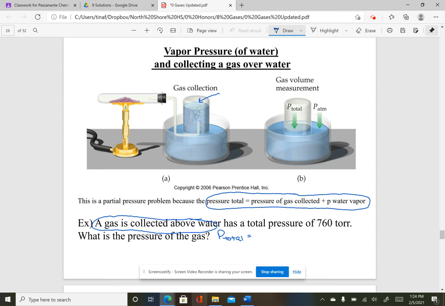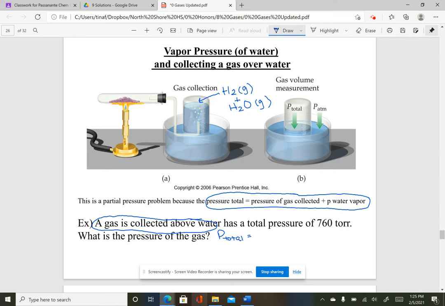So I'm just going to pretend, because it doesn't tell us here, that this reaction, whatever it is, is making hydrogen gas. Okay, so let's say that those are hydrogen gas bubbles that are popping up above the water. Not only do we have hydrogen gas in that area, we also have water vapor, like I was just talking about. Liquids always have some sort of vapor pressure. So both of those gases are together in that space.